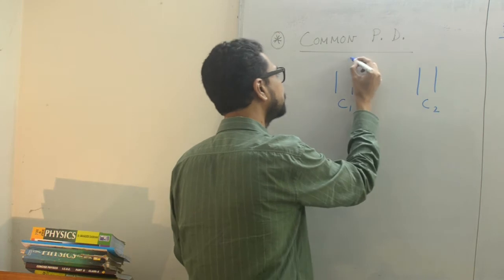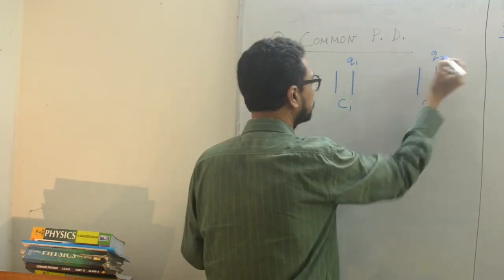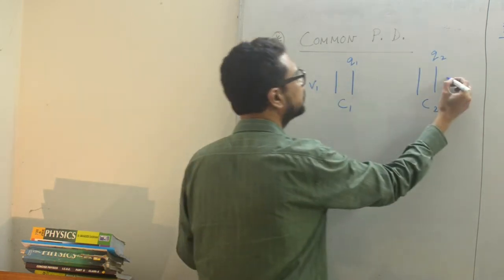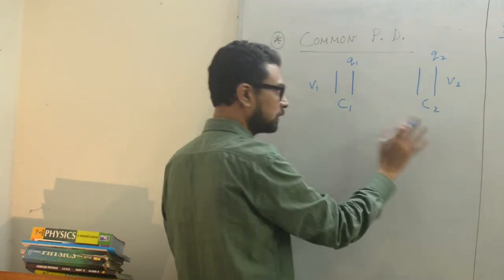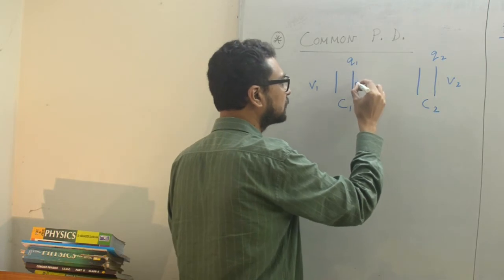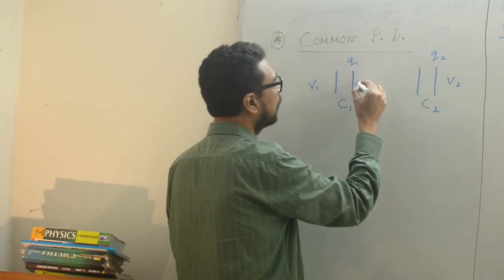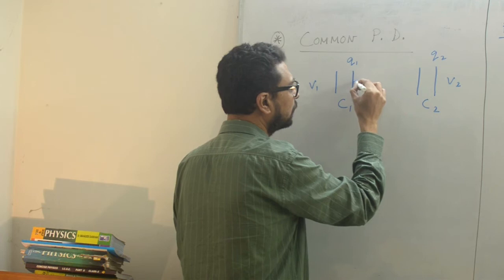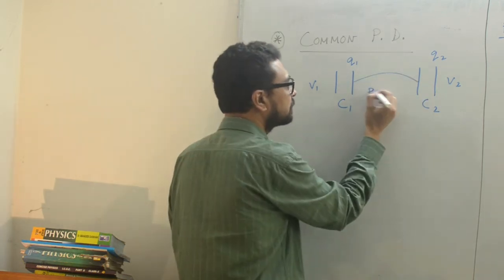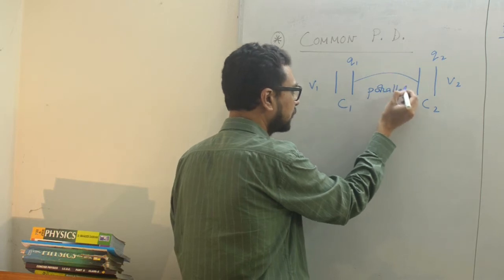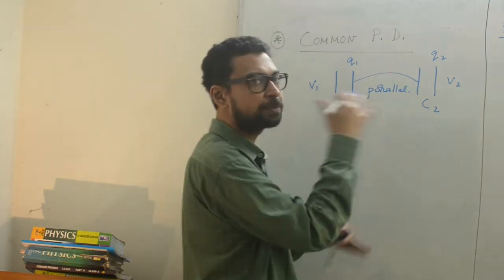They had individual charges Q1 and Q2, and definitely they had individual potentials V1 and V2. Now they are connected in parallel, and then we have a redistribution of charges.